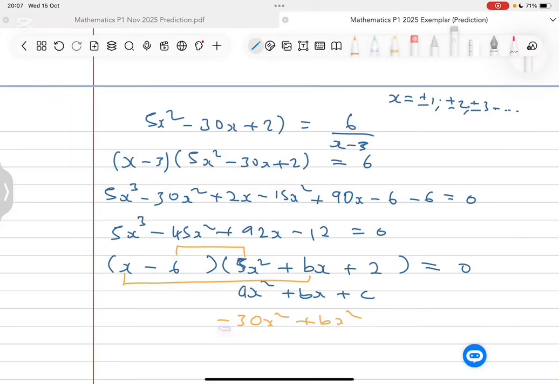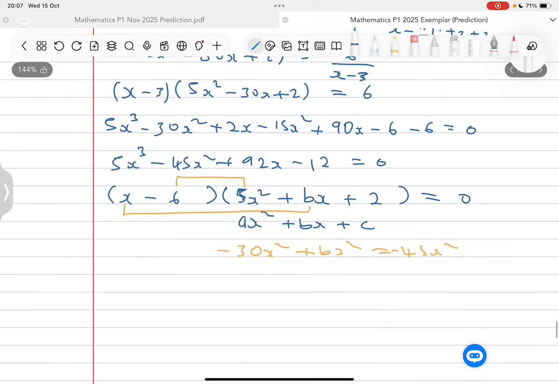If I add these two, they should be equal to negative 45x squared. Why do I say that these two give me this number? Because if you look carefully, these terms have x squared in them, so they will reproduce x squared. There's no way they can reproduce this, that, or even that. From here, we can find the value of b.